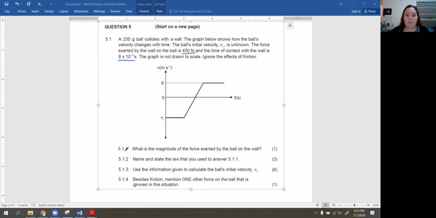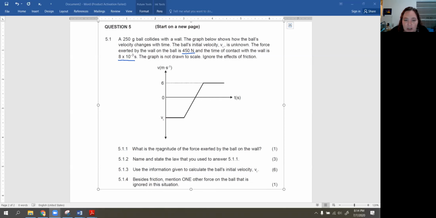So question 5.1.1 says, what is the magnitude of the force exerted by the ball on the wall? All right, ladies and gentlemen, who knows what the answer is to the first question? Okay, that is correct.